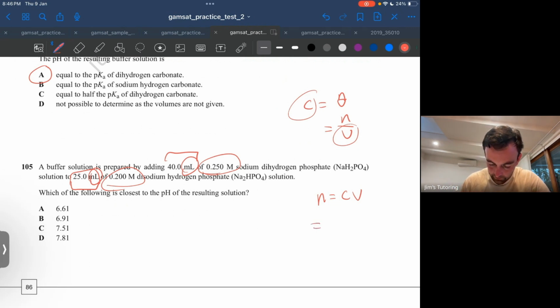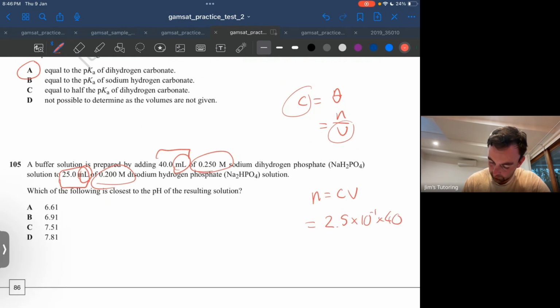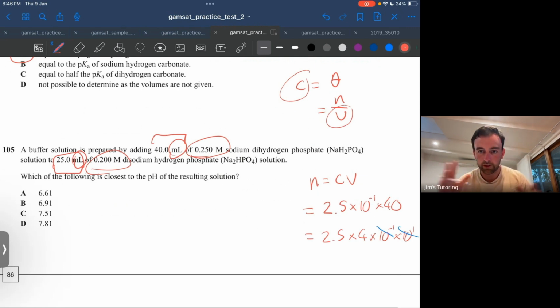So this would be 2.5 by 10 to the negative 1 times 40. So 2.5, I'm just going to make it times 4. So then these will cancel out. I'm being really loose with the maths here, but it's more about the logarithms anyway. So this equals 10.